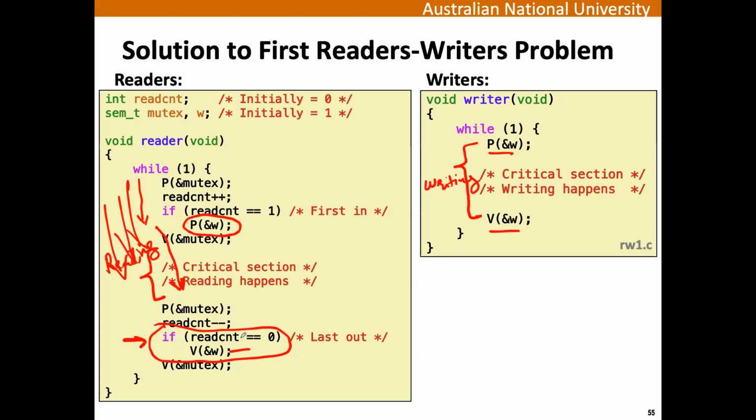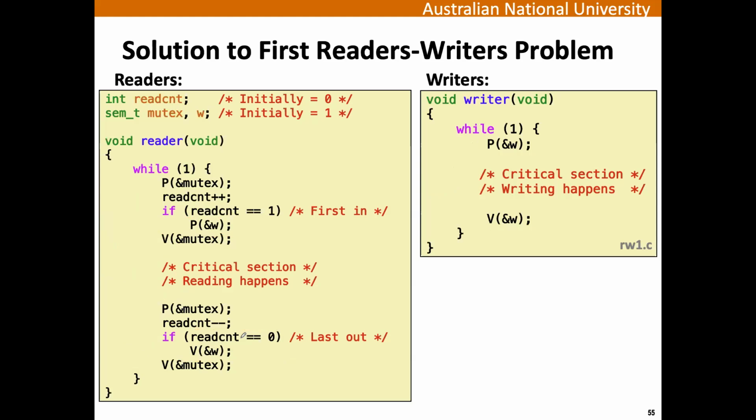The writer during all this time will keep waiting for the W mutex. So readers will hold the lock as long as they are in the pipeline. So this is one way to implement the readers-writers.